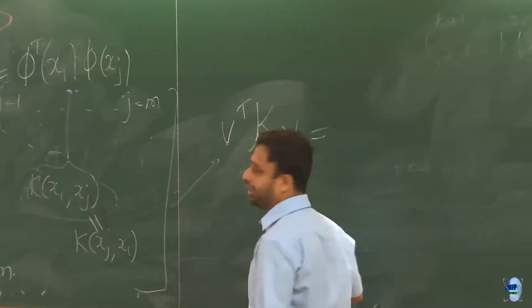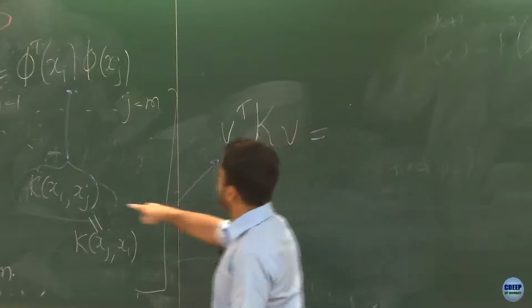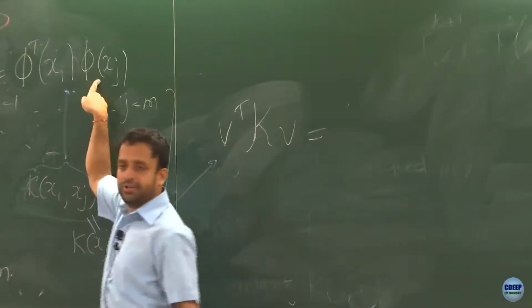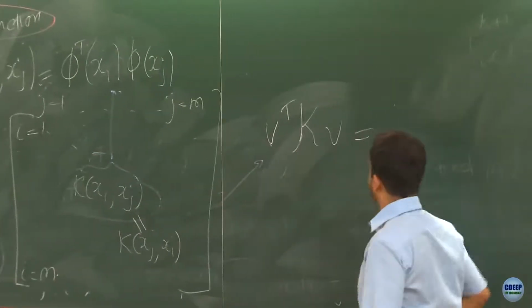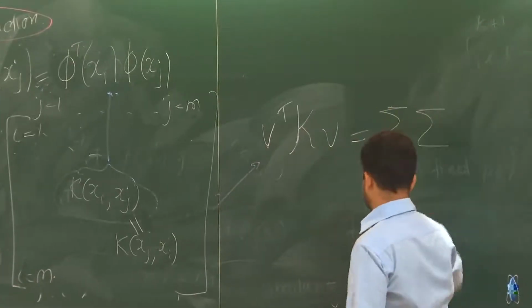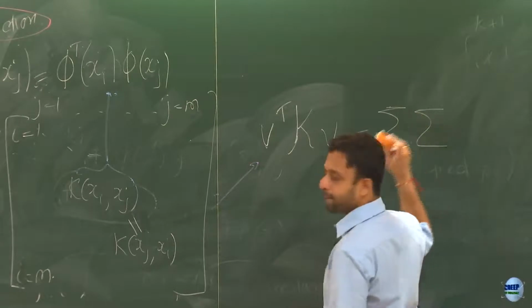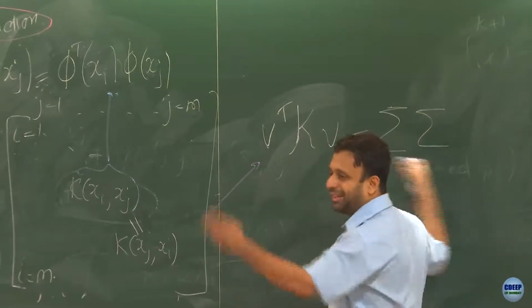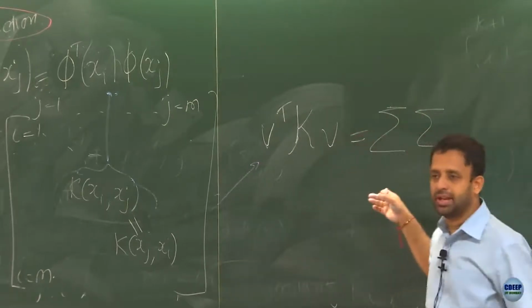Right. So what will it be? Each K_ij is phi of x_i transpose phi of x_j. If you want to write it in the naivest way, what will this look like?